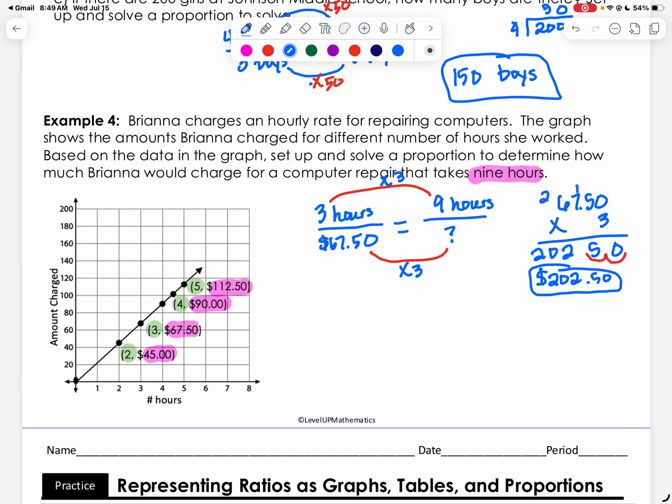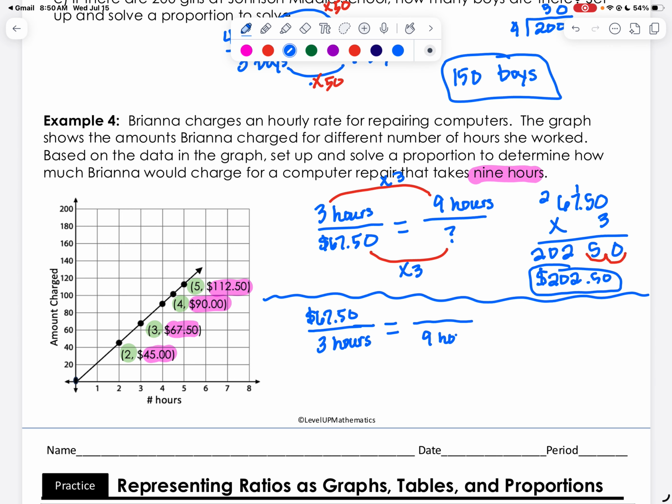Now, I want to show you something else. I could have set up my original ratio a little bit differently. I could have put the amount she earned, $67.50, on the top, and I could have put the hours on the bottom. If you set your ratio up this way, that's perfectly fine. But just remember, when you're solving it, the 9 hours now must go on the bottom.